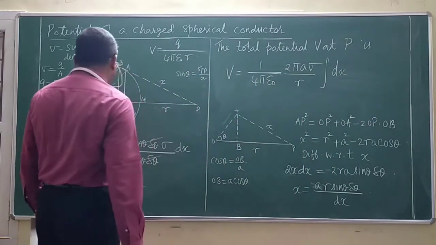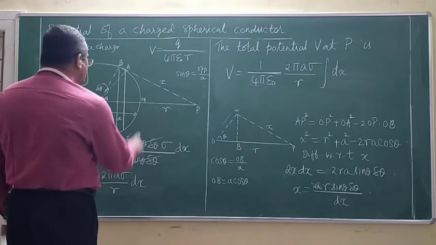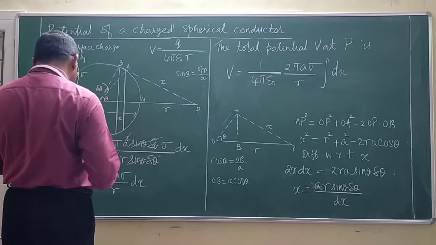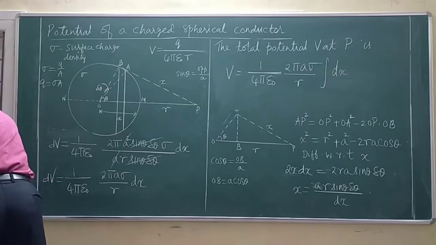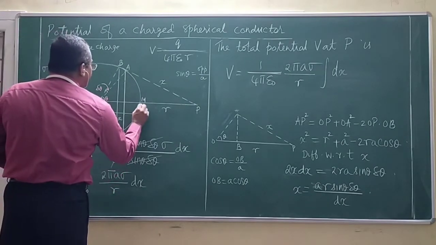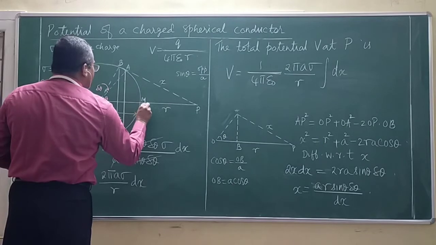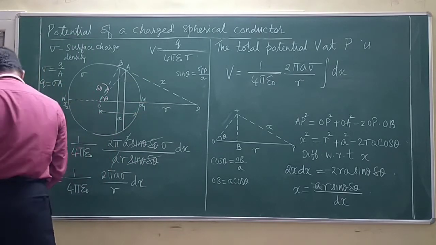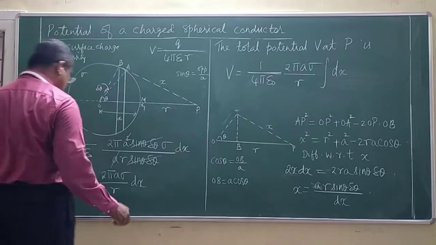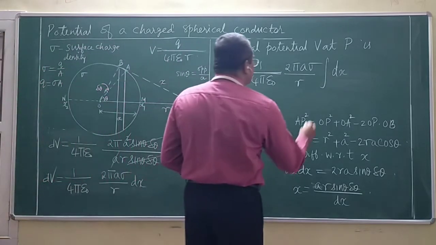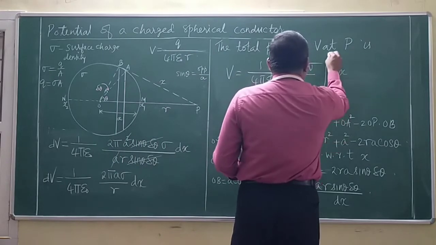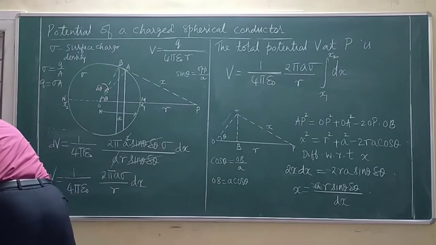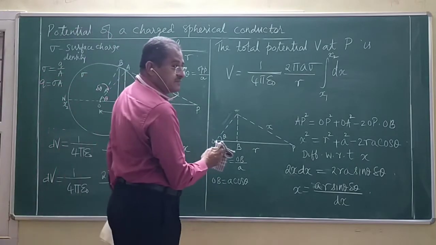Now the limits we have to find, okay, from this point to this point. For the sake of understanding, if I mark this edge as x1, this edge as x2, I can integrate this between the limits x1 to x2. Am I right? Now, shall I cut this part off?